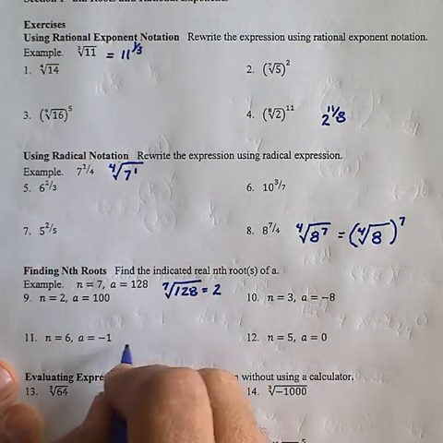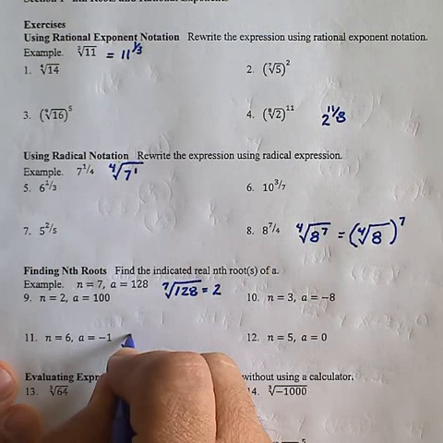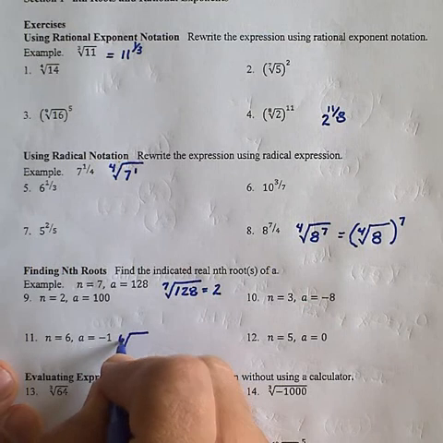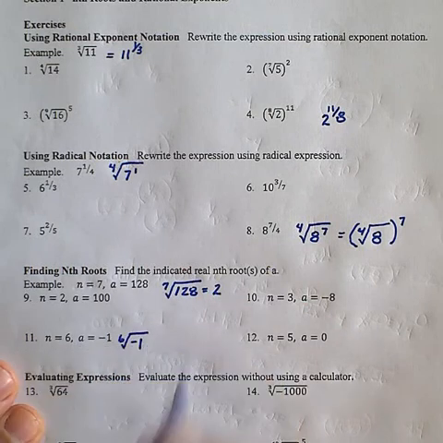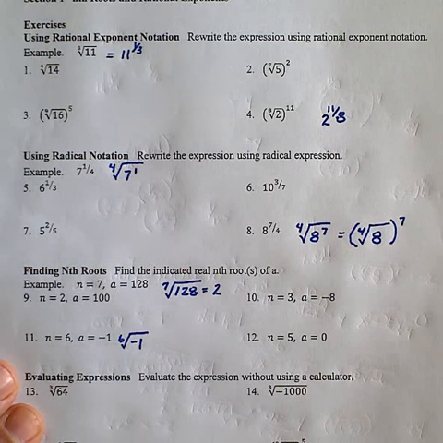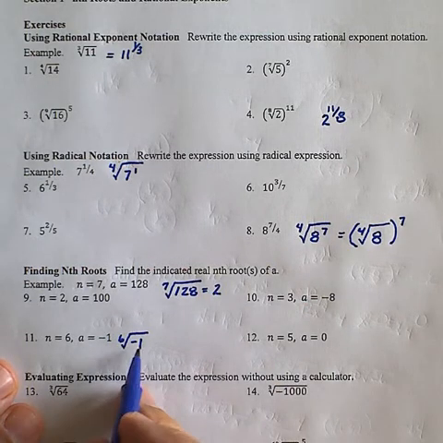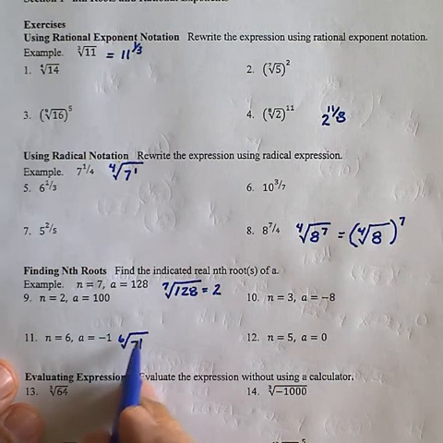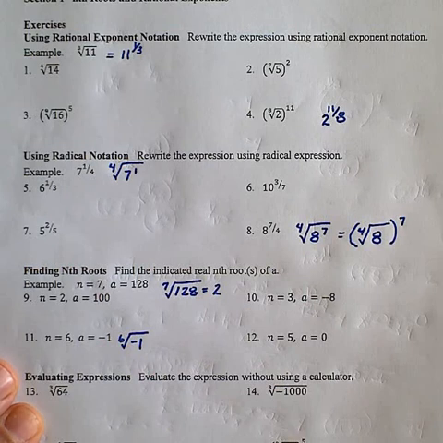Again, this would be the 6th root of -1. Now, one of our discussions from earlier said that if you try to take a negative number and take an even root of it, you can't in the real number system. You can get an imaginary answer, but not a real answer.